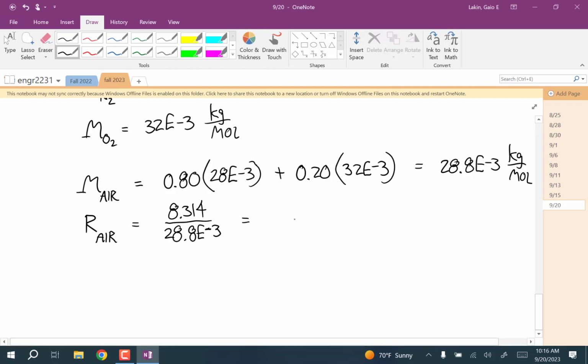And you get 288.7. And the units are, what do we have here? That would be joules per kilogram Kelvin.